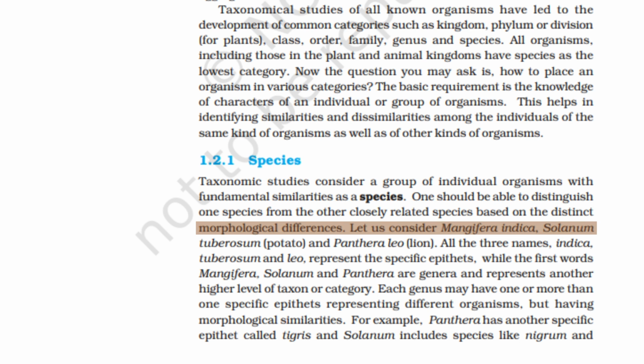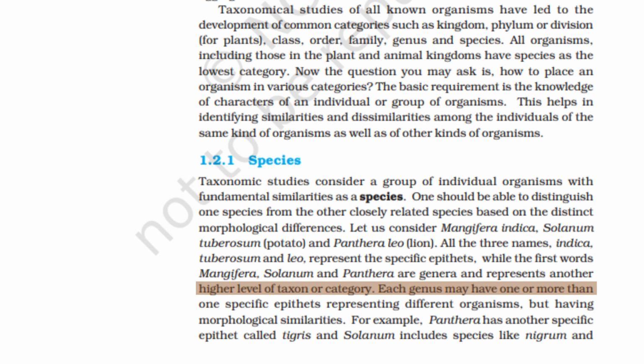Let us consider Mangifera indica, Solanum tuberosum, potato, and Panthera leo, lion. All the three names, indica, tuberosum, and leo, represent the specific epithet or species, while the first words Mangifera, Solanum, and Panthera are genera and represent another higher level of taxon or category.